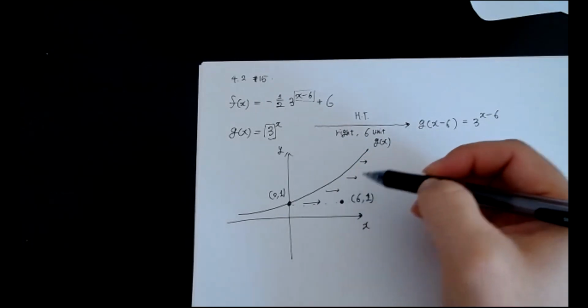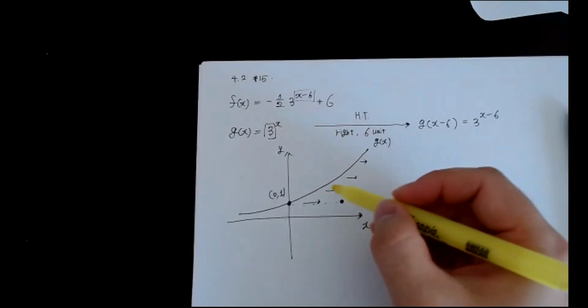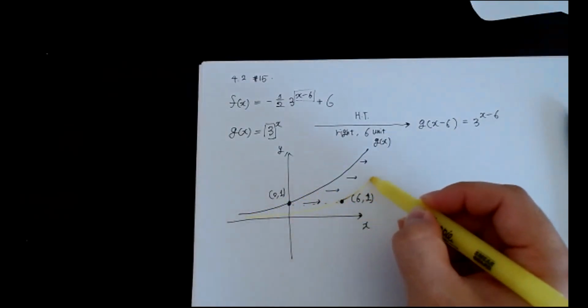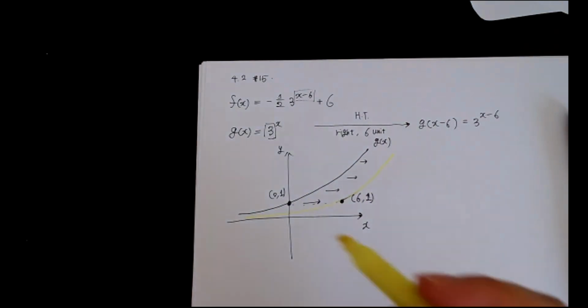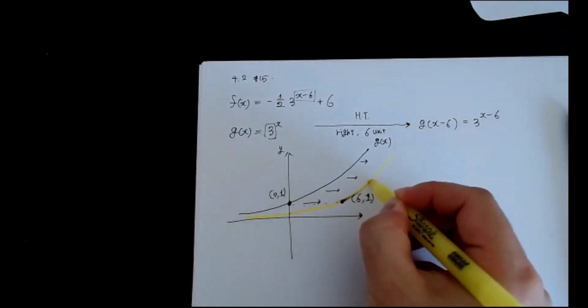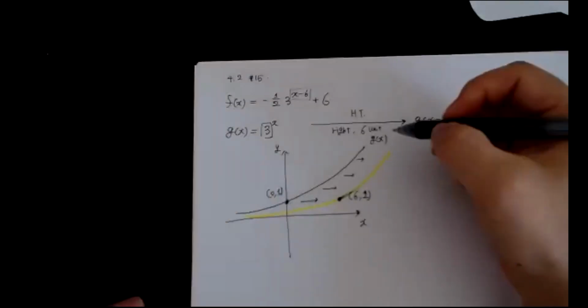So the graph of g of x minus 6 must pass that point. And then the graph must be like this. Can you see this? Let me use another color. Okay, can you see that, right? So this is the graph of g of x minus 6.